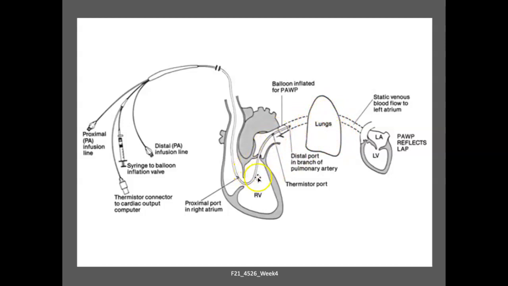And so this system is sitting just as it comes out of the right ventricle. It sits here. When you inflate this balloon, it gives a look into what's happening in the lungs and what's kind of happening over in the other side of the heart in the left atrium and the left ventricle. It's kind of crazy. And so it can get an understanding of how this left ventricle is functioning.